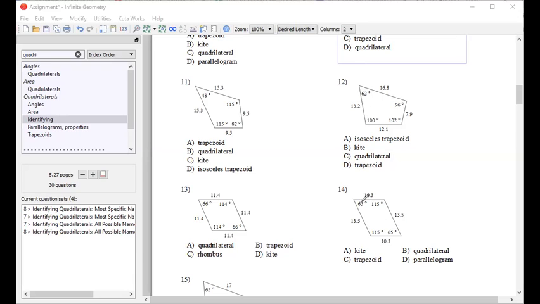If you have 2 lines cut with a transversal, same side interior angles are supplementary because 115 plus 165 is 180. Therefore, you know that those lines are parallel. Same with the other pair of parallel lines cut with a transversal.